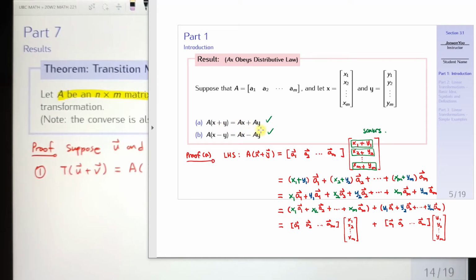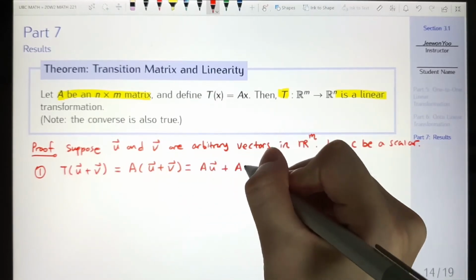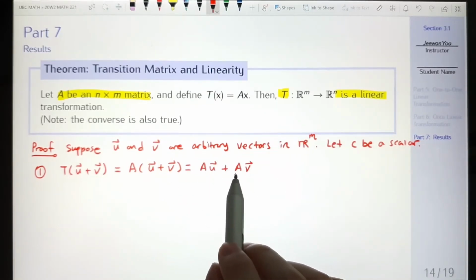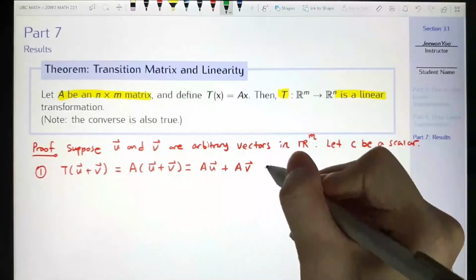Do you agree? So, by this result, AX obeys this distributive law. We can use this result to split A of U plus V into A of U plus A of V. The reason for this is from one of the results in week 5. Let's just write it down.